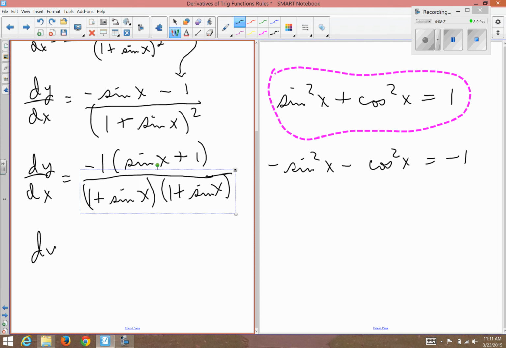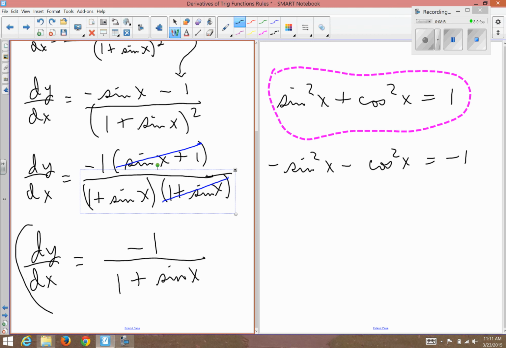So in simplest form, the answer to exercise 10 is negative 1 over 1 plus sine x. And that's it. That's number 10. Number 12.